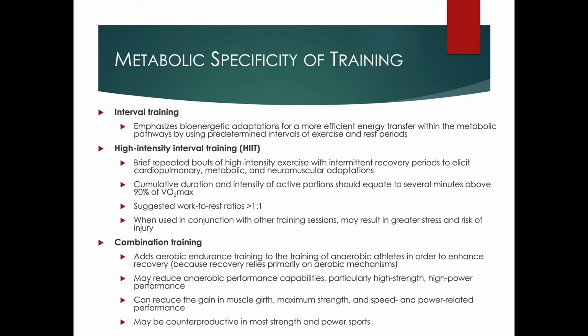So when you're looking at specificity, you need to look at the demands of your sport. If you have a power athlete like a weightlifter, they should do zero aerobic work because there's no point in that, and vice versa if you're an endurance athlete. Power athletes rely upon their type 2 fibers, which we talked about in the last chapter.